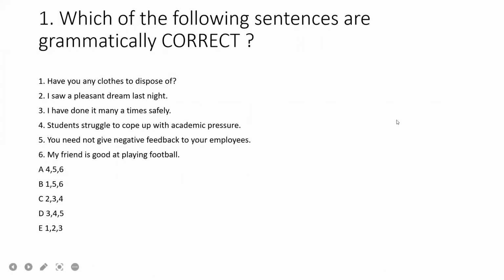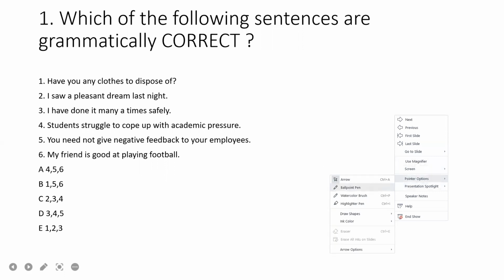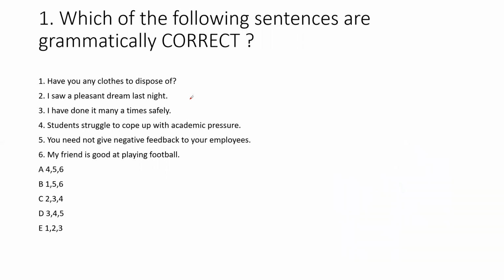Let's begin. The first sentence is, have you any clothes to dispose of? Now you might get confused with dispose of, which is OF and OFF. In this case, both are correct. So dispose of is correct here.